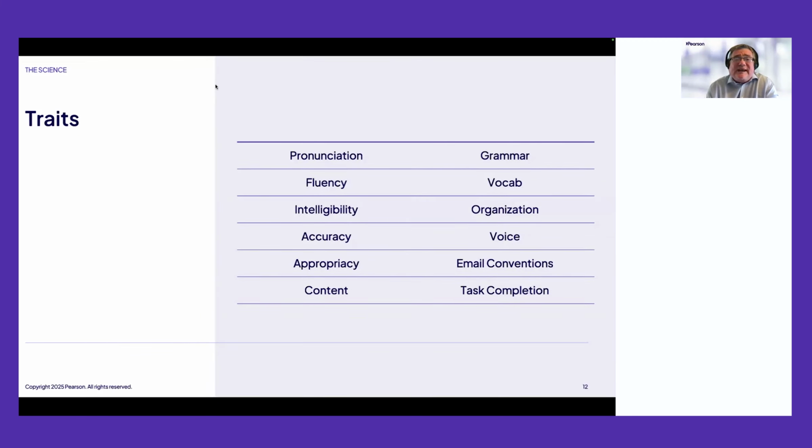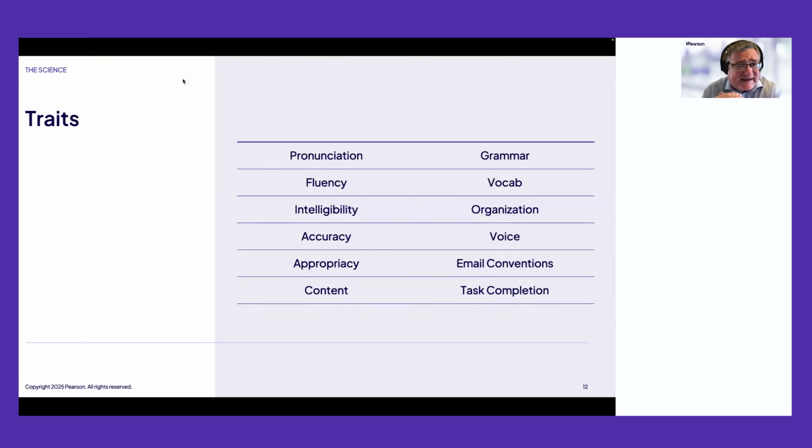Similarly, particularly when we're looking at the traits that underpin writing skills, is the grammar appropriate? Again, there's an element of accuracy, but also an element of range. Is the grammatical range at the level that we expect for that particular test taker? Is the vocabulary that they're using at that level?